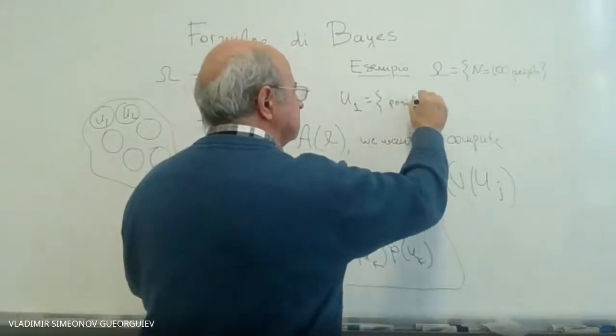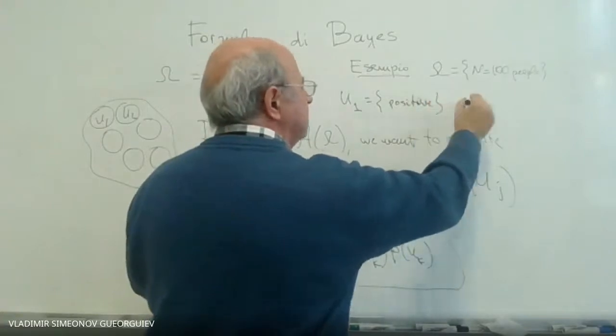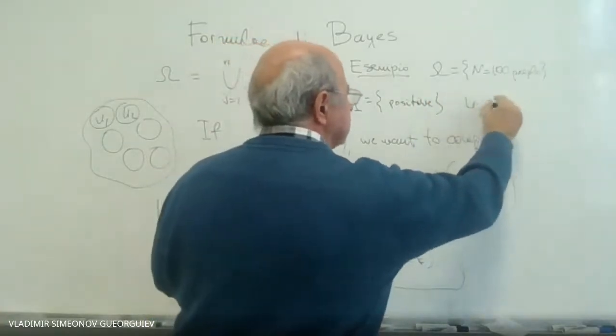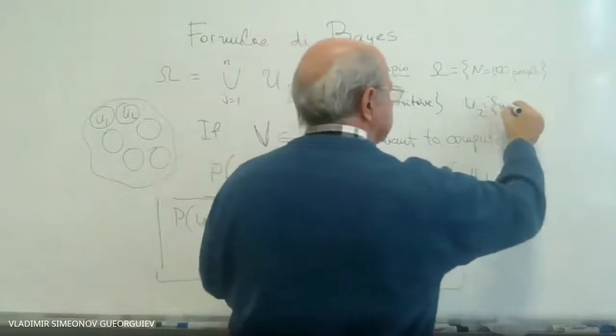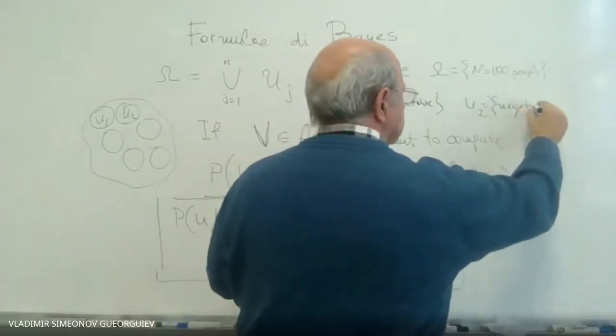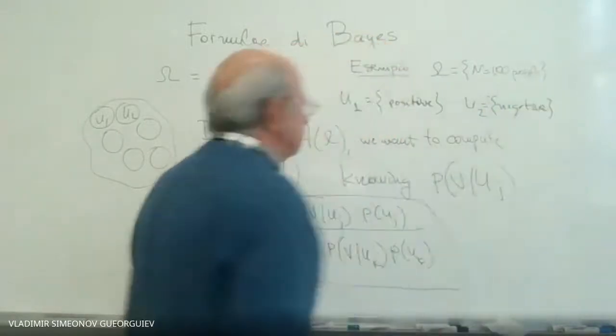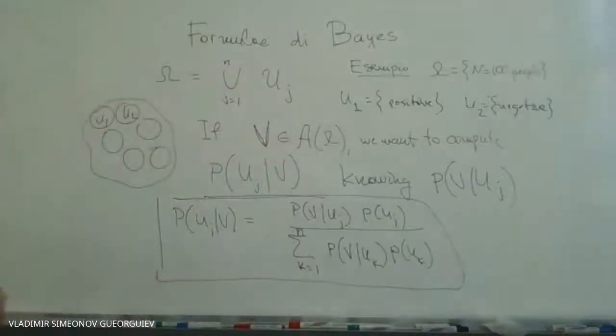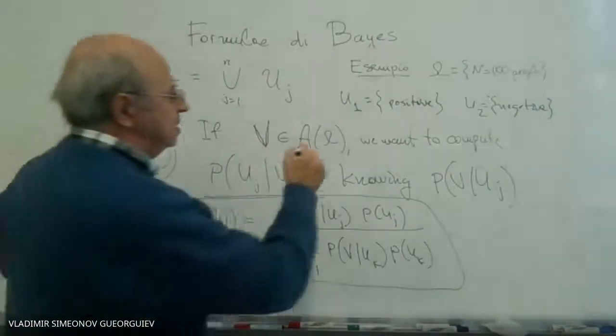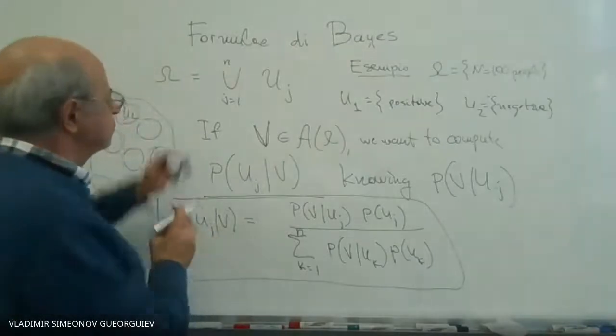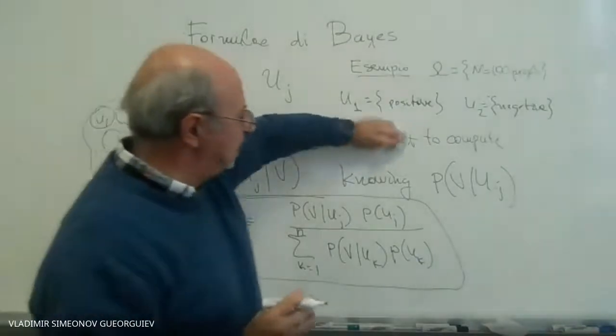They have a positive test. And U2 is the set of negative. Let us suppose this set has, I shall clean also this line.